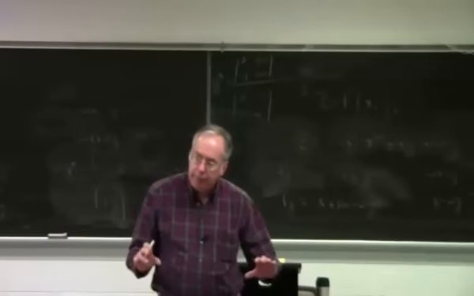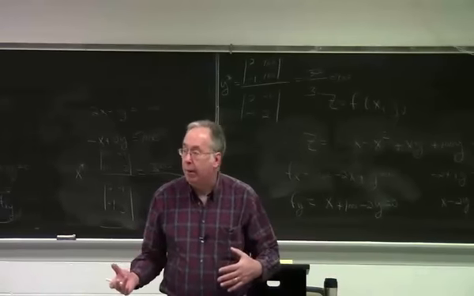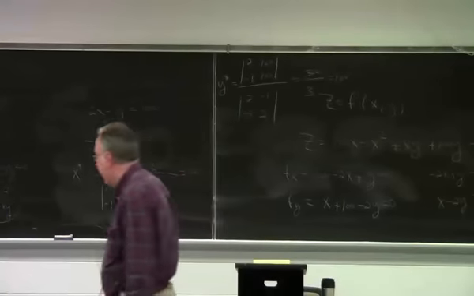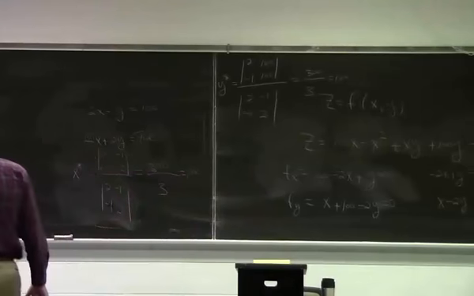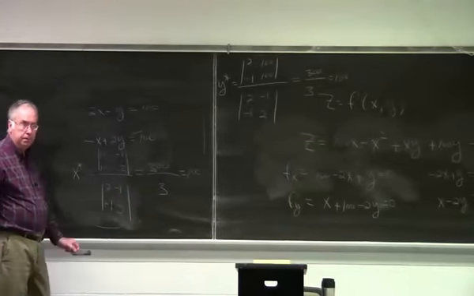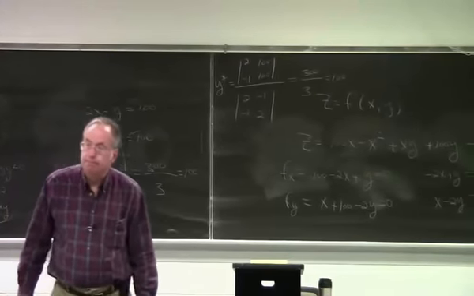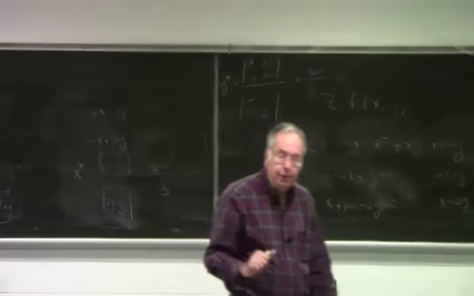Now we need to make sure that we have either a maximum or a minimum. So what do we check now? To figure out whether we have a max or a min, what do we check now? Ryan?